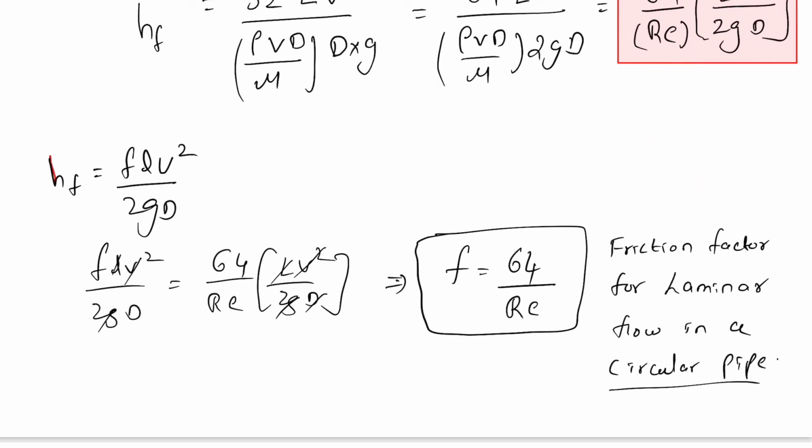There is no indication of the surface roughness, whether it is cast iron or PVC, it doesn't matter. For laminar flow, friction only depends on Reynolds number, that is rho V d by mu. That's it. There is no need for you to consider what sort of material that pipe is made of. This is what we discussed at that point. I told you that I'll tell you why. Now we derived an expression proving that yes, in laminar flow, friction will not be dependent on the nature of the surface.